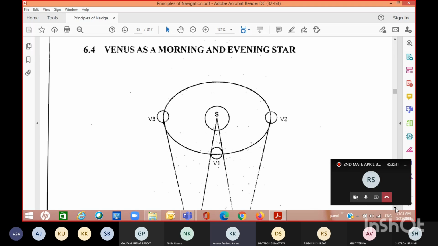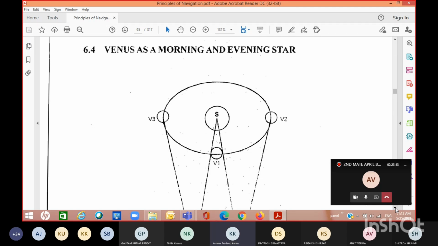At night when it is dark, or around 4 o'clock? Venus you can generally see only in the morning and evening. You cannot see it during the night. Only for short durations you can see it during the morning and evening.